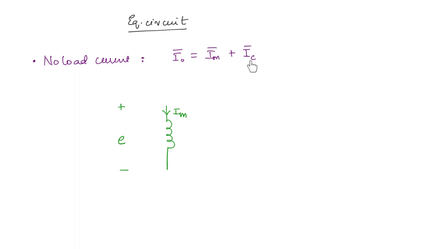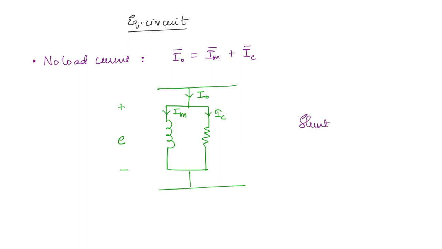And next IC is in phase, so this we will take as a resistor, okay? Now this is IC, you add both of them, you get I naught. You can call these the shunt parameters of the equivalent circuit.